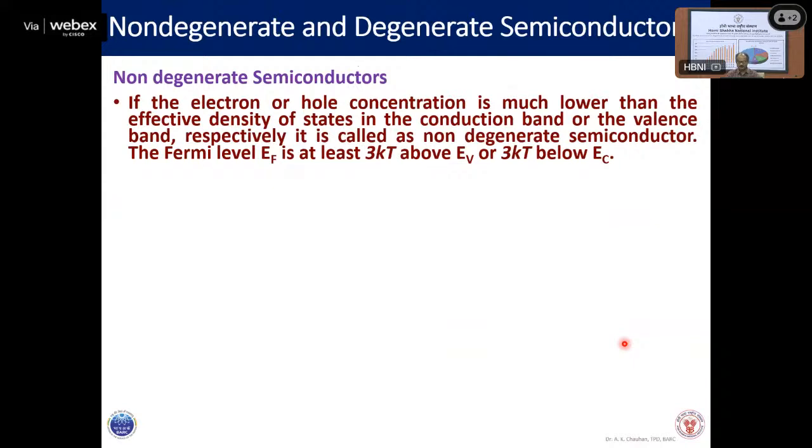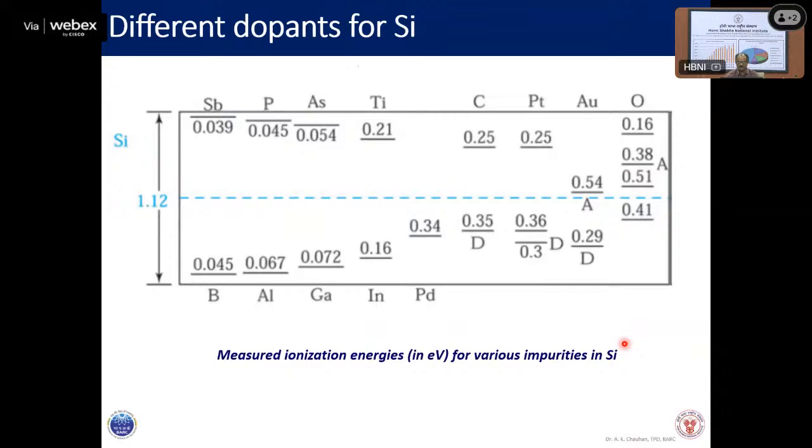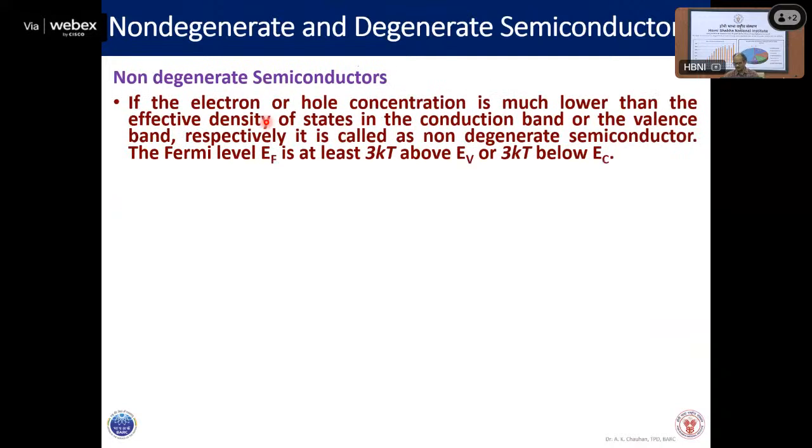As I said, out of the entire lattice, if you have added only one phosphorus, you can keep on adding, and you can add one impurity at every site, in our case every tetrahedral site. So you will keep on adding energy levels. If the electron or hole concentration is much lower than the effective density of states in the conduction band or the valence band, then it is called a non-degenerate semiconductor.